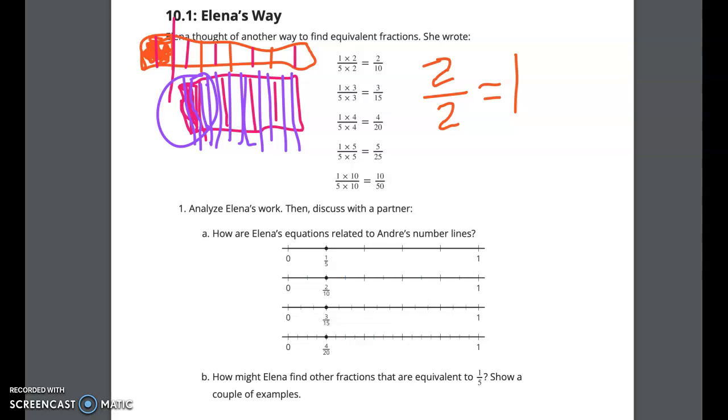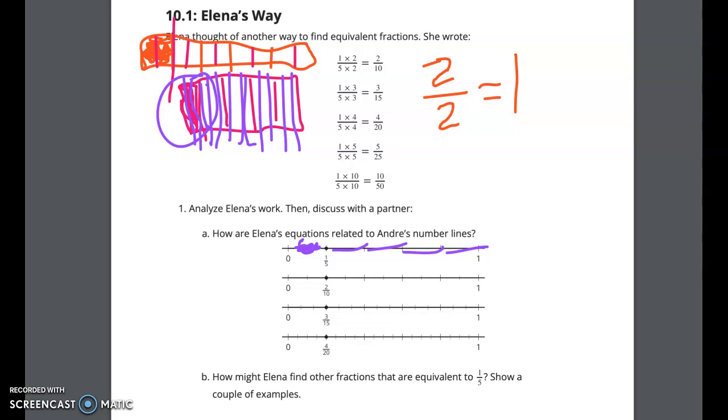Notice this one only has 5 spaces in between: 1, 2, 3, 4, and 5. But when we get down here, it's still lined up, but instead of having 1 big open space, we have 2 spaces there. So they cut it into more pieces, which makes it tenths.